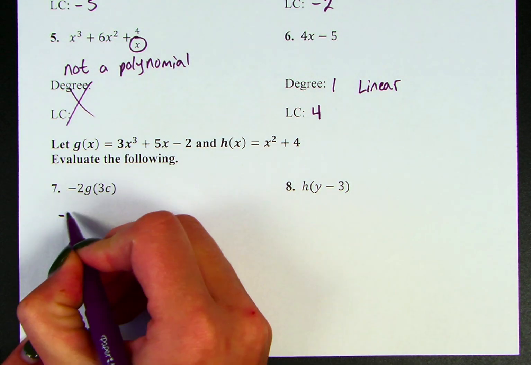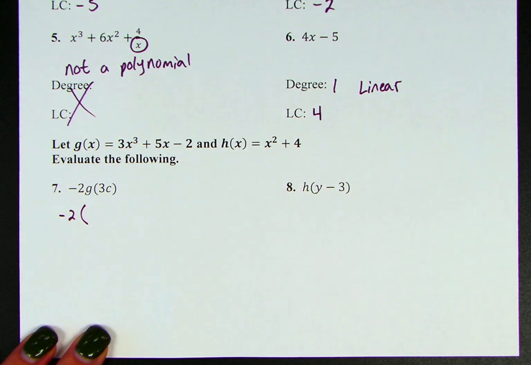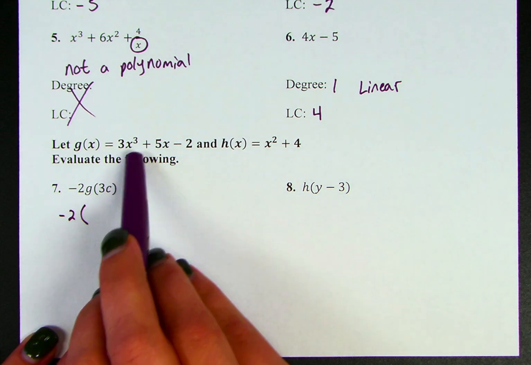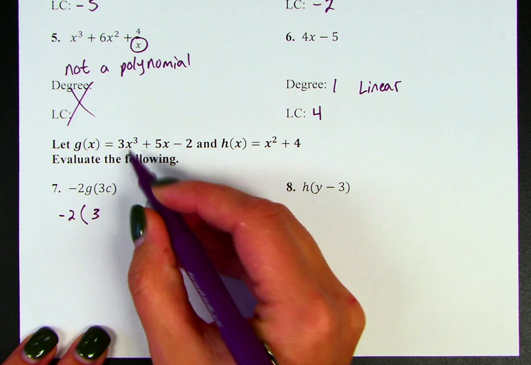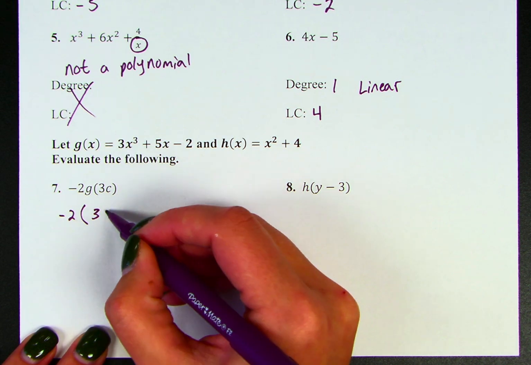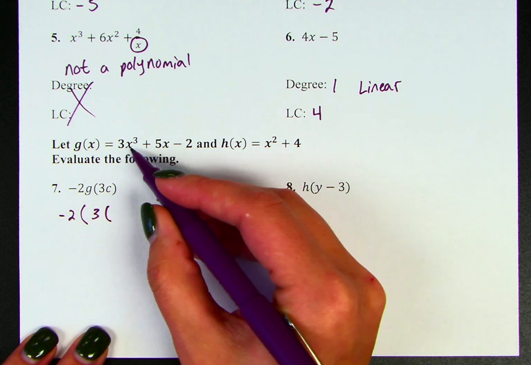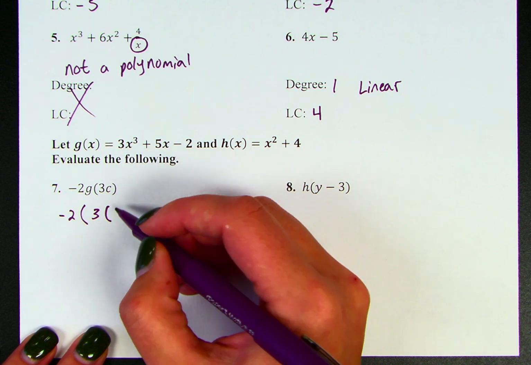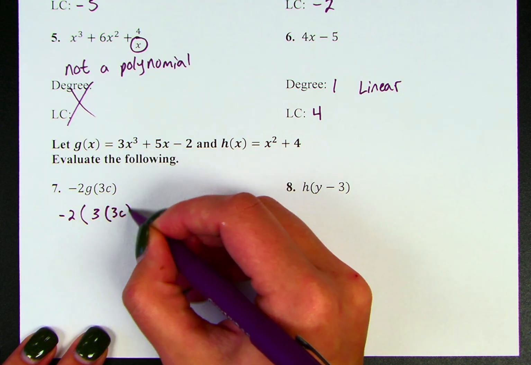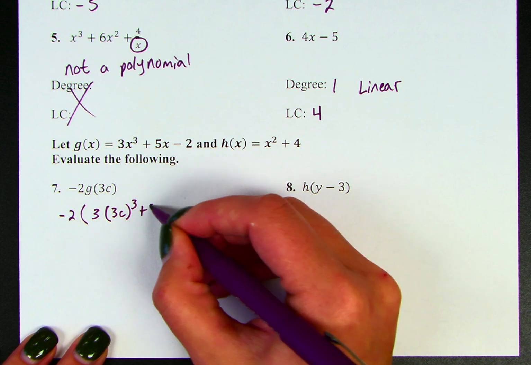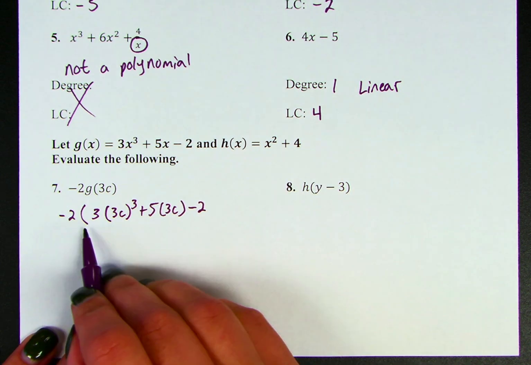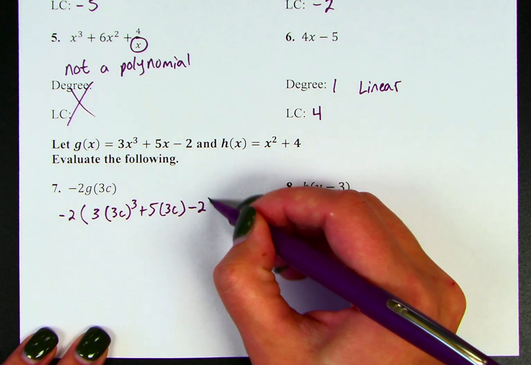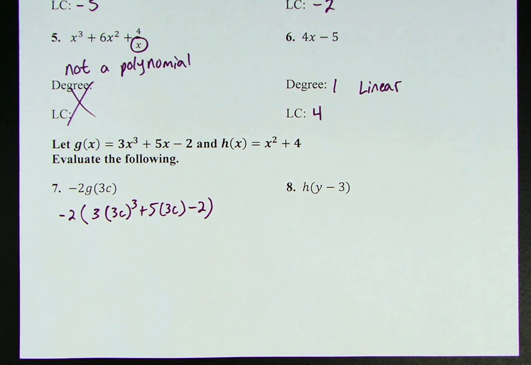So I'm going to put -2, and I'm going to have a big parenthesis, and then I'm going to replace all of my x's with this. So I will have 3 from this equation, and then since I'm substituting in, I want to make sure I'm using a parenthesis where that x normally is. So this will be 3c, and then cubed, plus 5 times 3c minus 2, and then I'm closing this parenthesis. You could also use a bracket in that case, but it's going to mean the same thing.